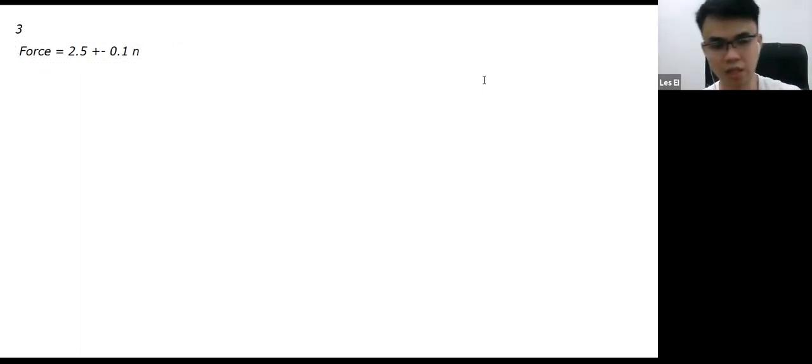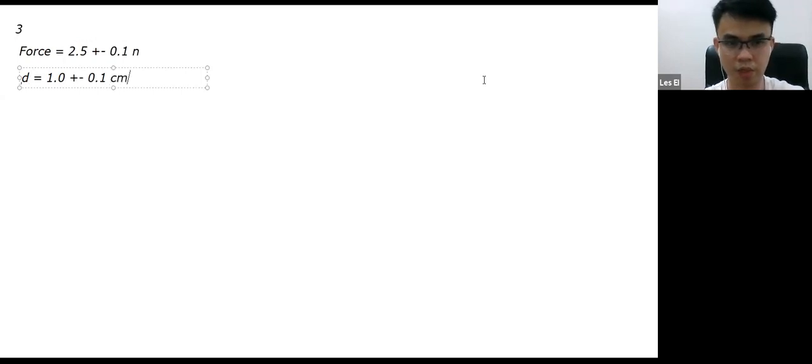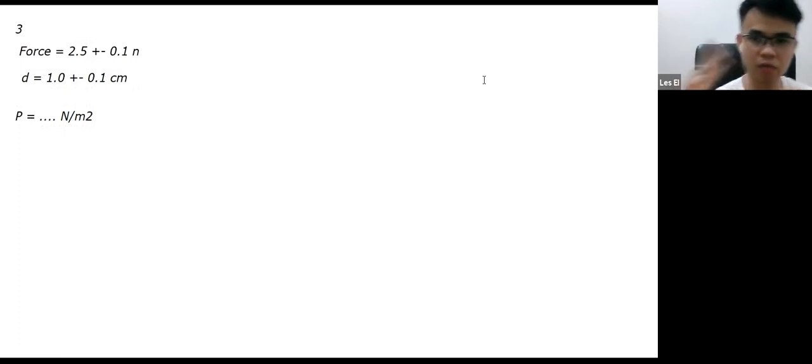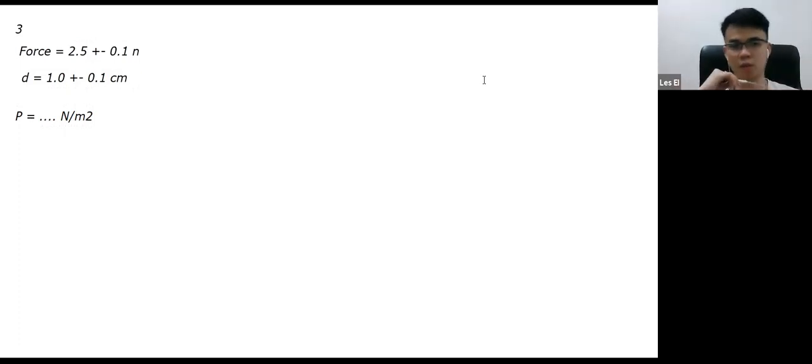That is Newton, it's supposed to be capital N. Okay, so I ask you to find the pressure. Each of the values has two significant figures, right? 2.5 and 1.0, right?